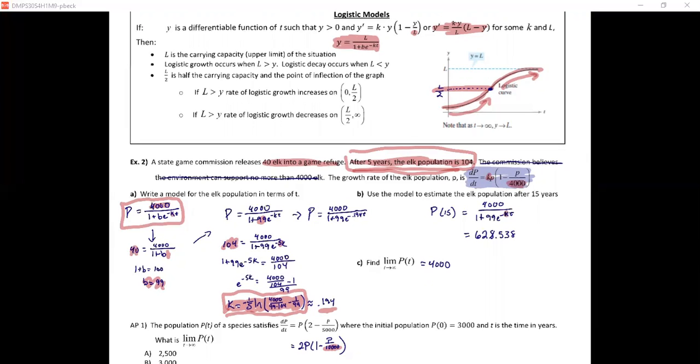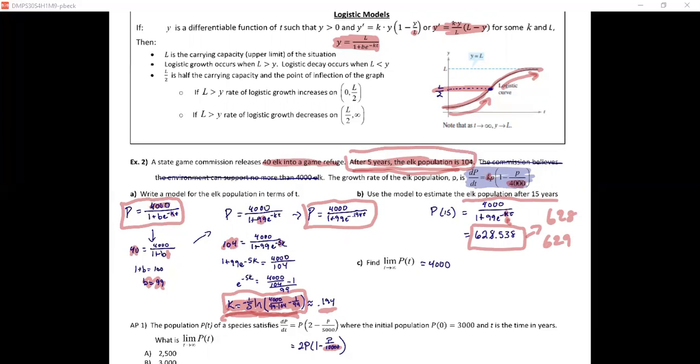So if that's all I needed, that's going to be my function, where I can put my 3 decimals there. But if you look at part B, we have to know what our elk population is after 15 years. So I wrote k representing that whole expression, and I was able to say I have 628.538 elk, which obviously is either going to be 628 or 629, rounded up or rounded down based off of directives.